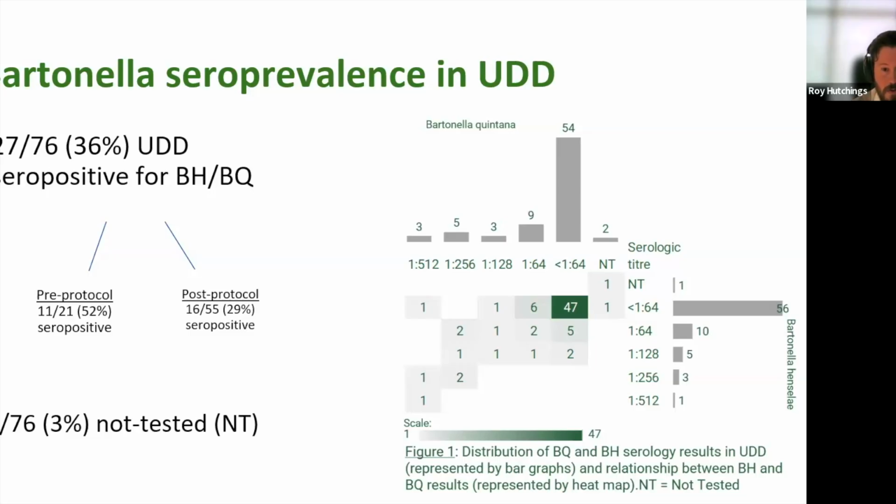What you can see is that there is quite a bit of concordance between the results for Bartonella henselae and quintana, especially as the titer increases, suggesting that there is probably a lot of cross-reactivity between the two tests.